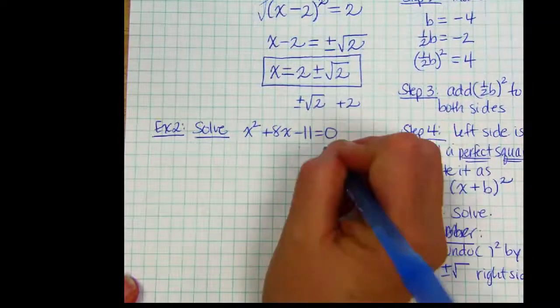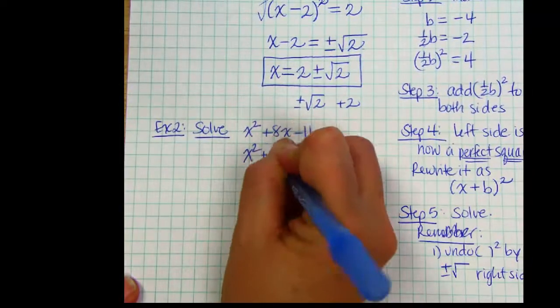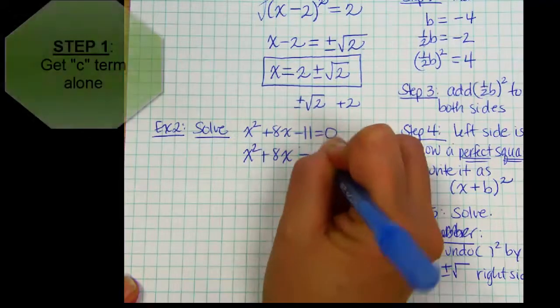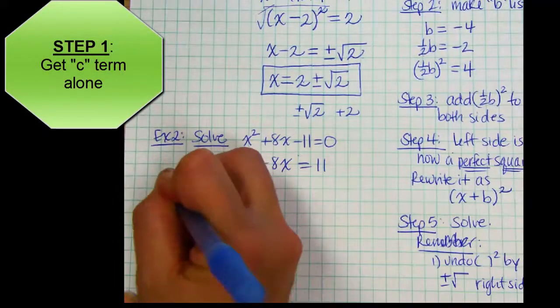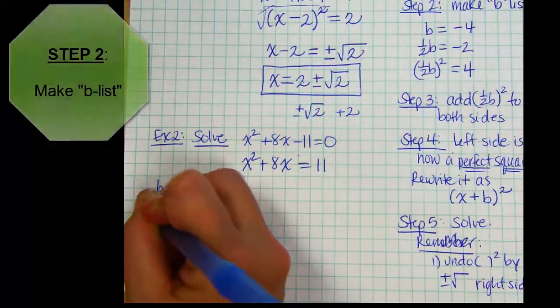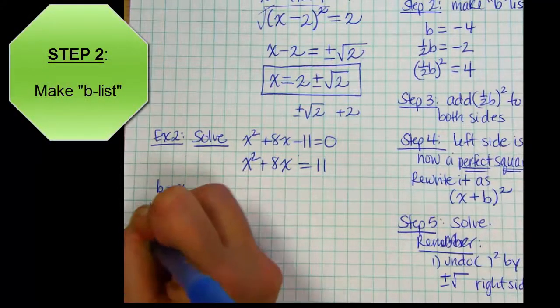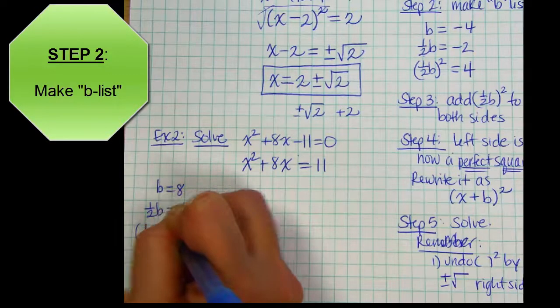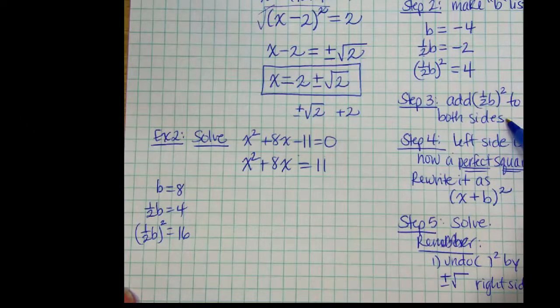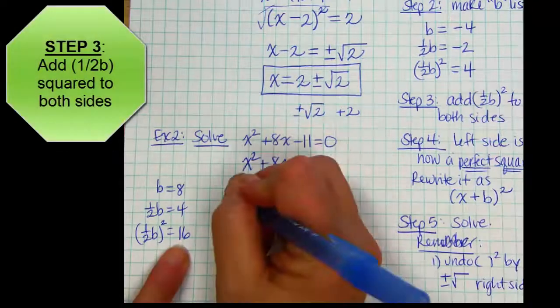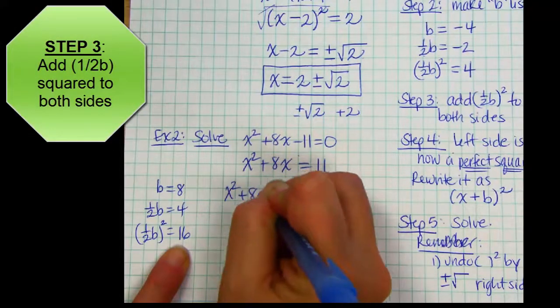I'm going to add 11 to both sides. Step 2, make your B list off to the side. Here B is 8. Half of B is 4. Half of B squared, 4 squared is 16. Step 3, add that half B squared to both sides. So I add 16 to both sides.